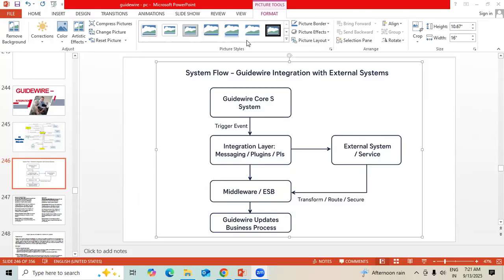Generally, this Guidewire integration is used with any internal or external systems we are connecting with.